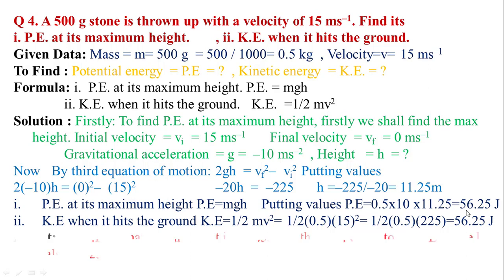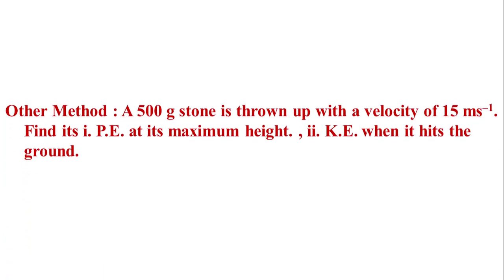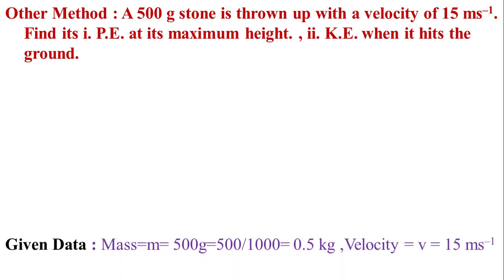See here the solution by the other method. A 500-gram stone is thrown up with a velocity of 15 meters per second. Find its potential energy at maximum height and kinetic energy when it hits the ground.